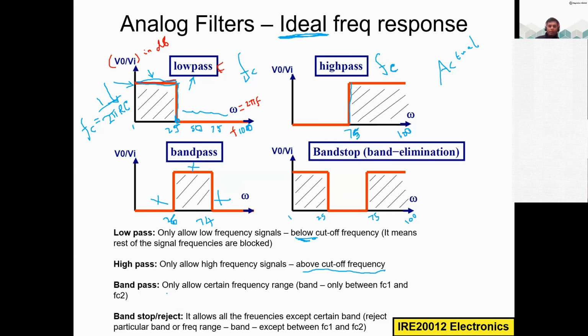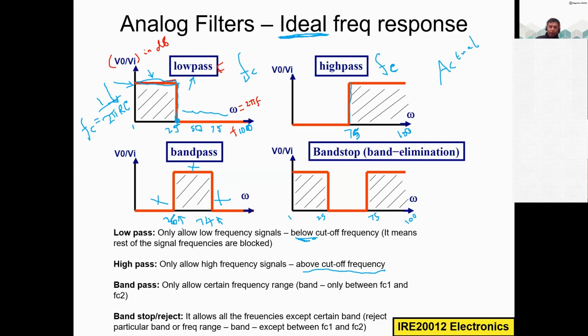And band pass filter is also the same. Here you can see the definition: it only allows a certain frequency range, from a specific frequency until another specific frequency. For example, here the specific frequency is 26 kilohertz. From 26 kilohertz up to 74 kilohertz, it passes. So it means we have to calculate two cutoff frequencies for the band pass filter.